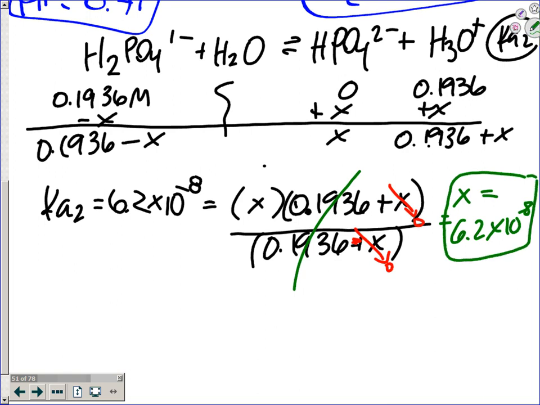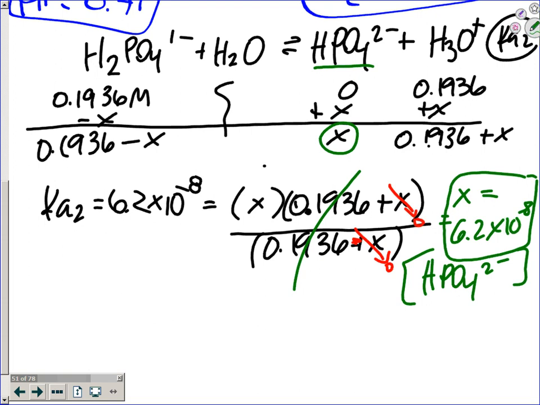This X is equal to what concentration? Just the HPO4 2 minus, because that's this guy. So this X is equal to this ion. So I'm going to look for a significant change in hydronium. So I already know hydronium concentration from the first deprotonation is 0.1936.